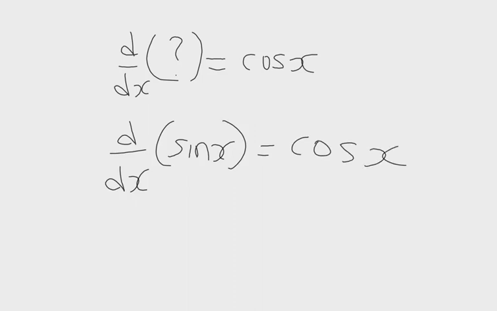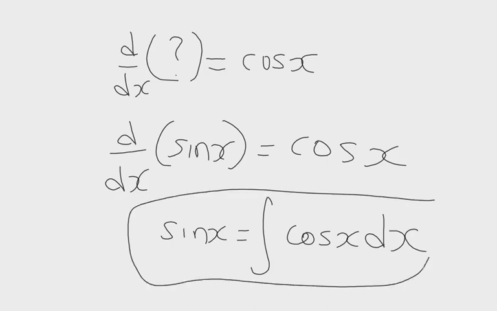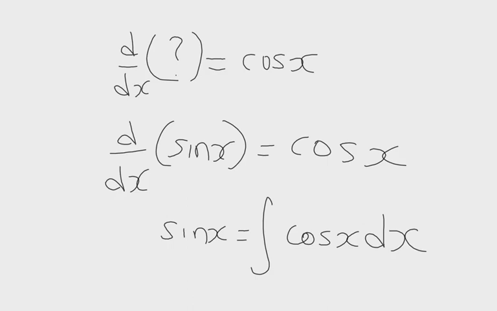Okay, that function should be sin x. That means d/dx of sin x gives us cos x. So to get that, we are saying that sin x is the integral of cos x dx. So this process is integration. Okay, we are trying to find the function whose derivative is cos x, and that function is sin x.